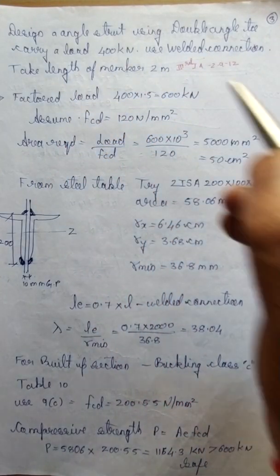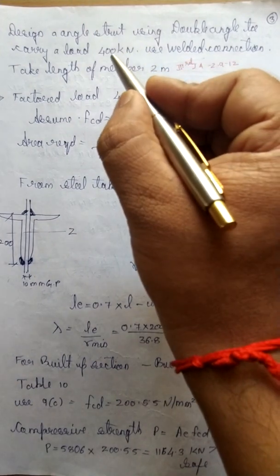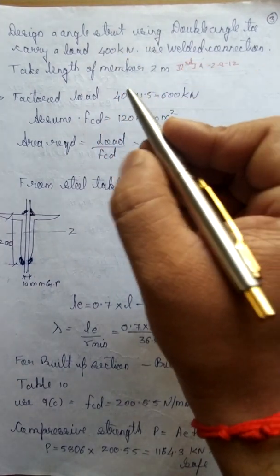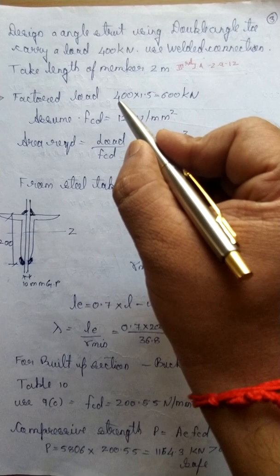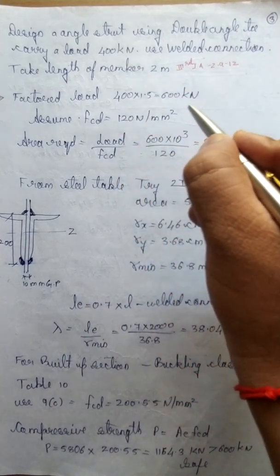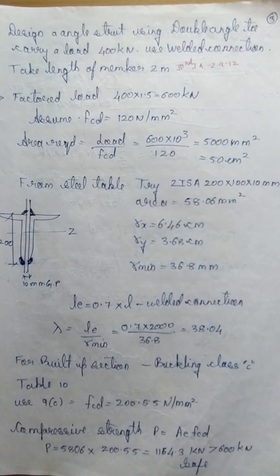Now the given load is 400 kilonewton, so I will assume it to be a working load. Hence we have to find out the ultimate load or a factored load, which is working out to be 400 into 1.5, 600 kilonewton. Now as we have a formula for the compressive stress, PD is equal to A into FCD. Again we have two unknowns, area as well as the compressive stress.